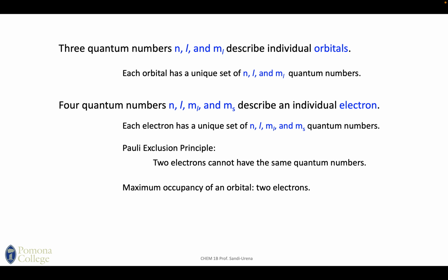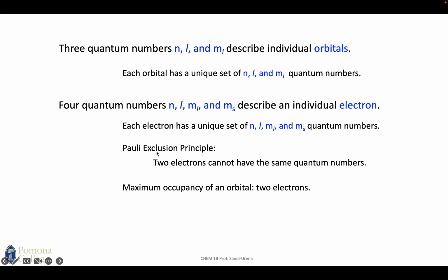And now that allows us to say that for each individual electron in an atom, there's a set of 4 quantum numbers that describe that electron. When we say that describe the electron, we mean that they describe the energy of the electron. So 4 quantum numbers describe the electron.